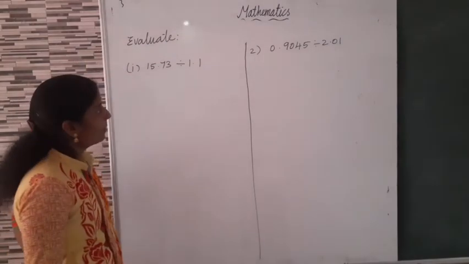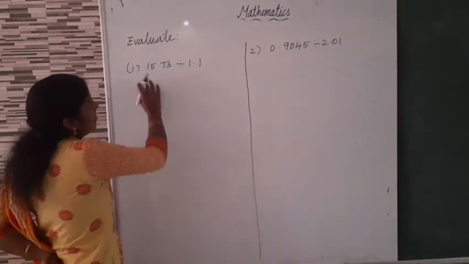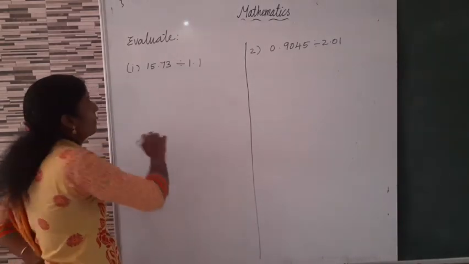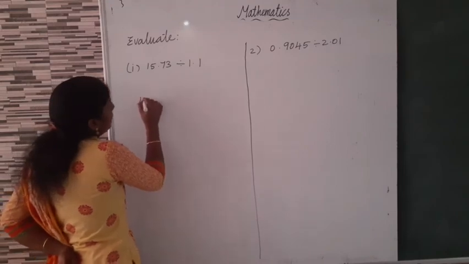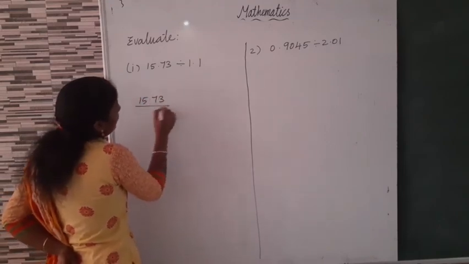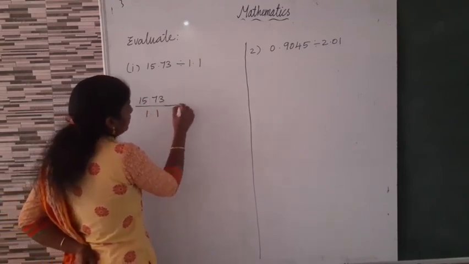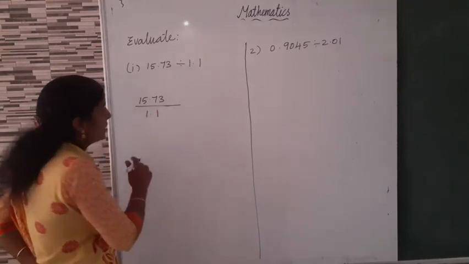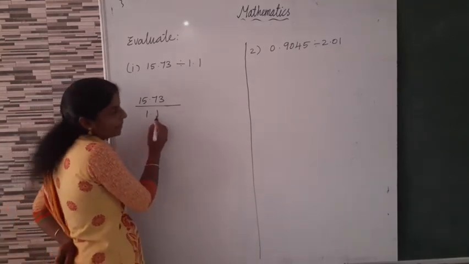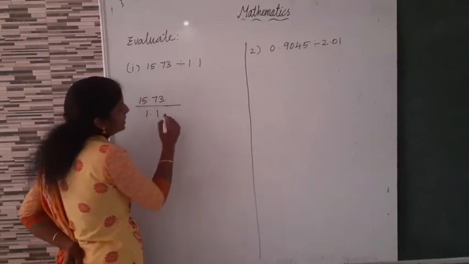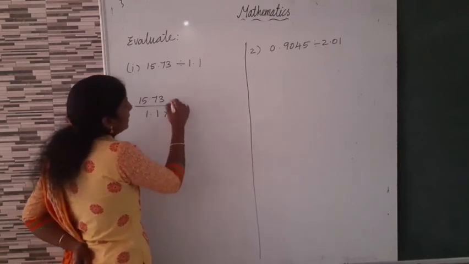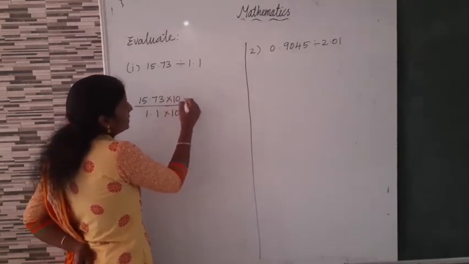Evaluate 15.73 divided by 1.1. Decimal number divided by decimal number. Now we can remove the point from the denominator, so we can multiply by 10 because after the point there is only one digit. In the numerator also multiply by 10.